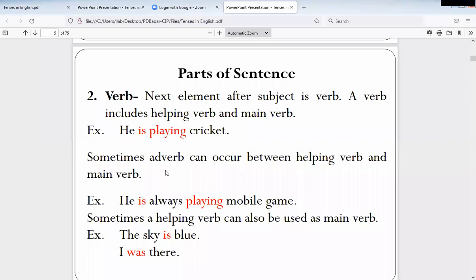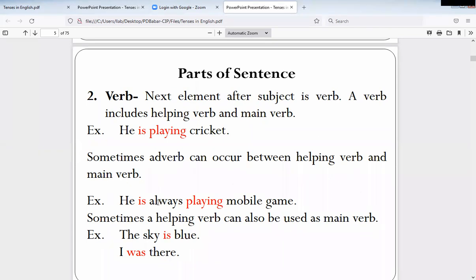The second example is: He is always playing mobile games. Here, he is the subject of this sentence, is playing is the verb of the sentence, and mobile games is the object.